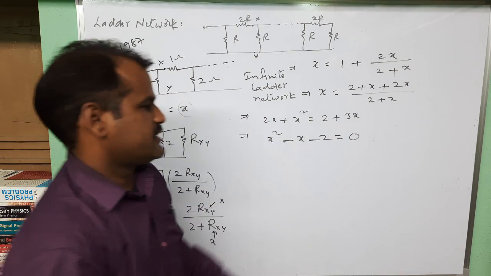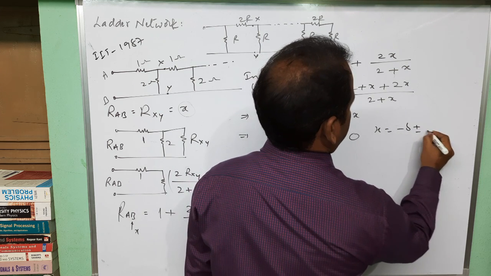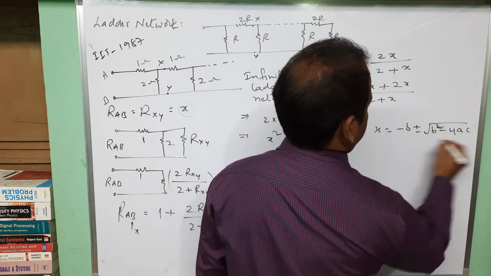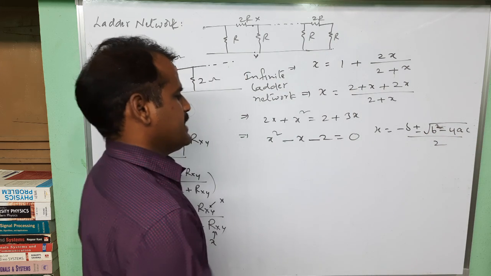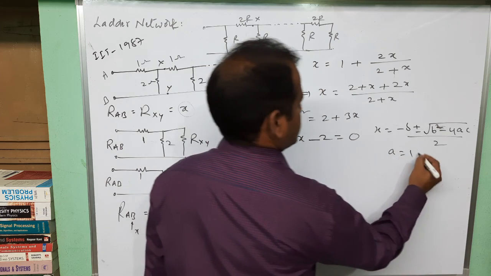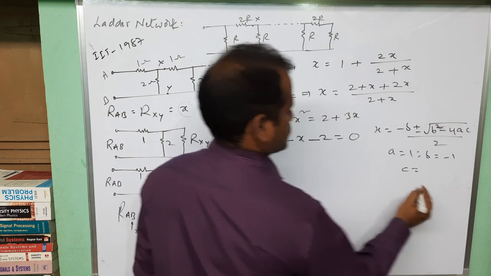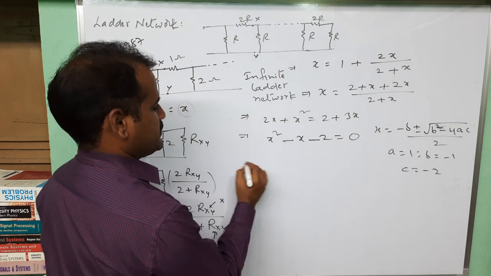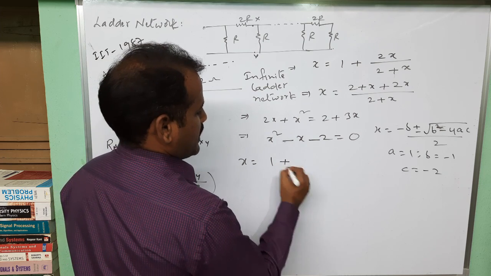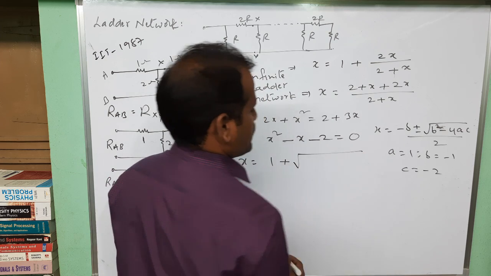So we can compare this equation with the standard equation. For the result, x is equal to minus b plus or minus square root of b square minus 4ac divided by 2a. Comparing with the equation, we are getting a value 1, b value minus 1, c value minus 2. Substitute in that equation. X value is equal to minus b, that is plus 1, and negative values are not needed for resistance, so plus square root of b square.